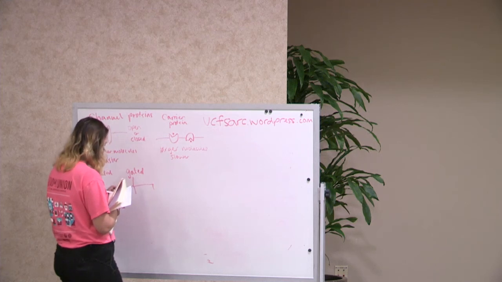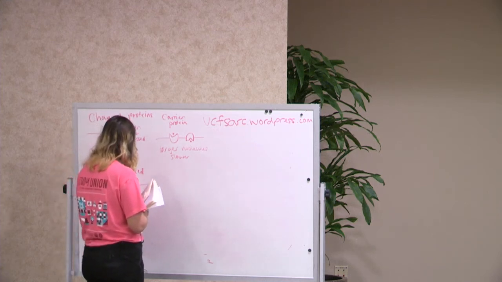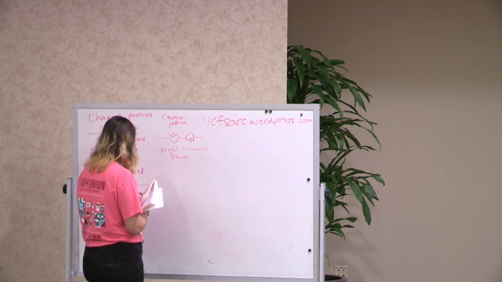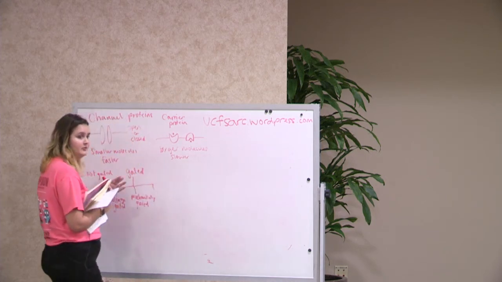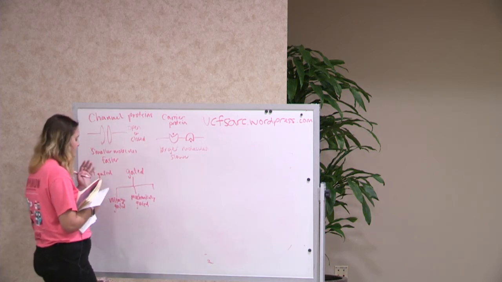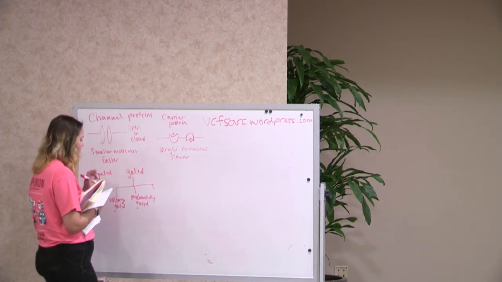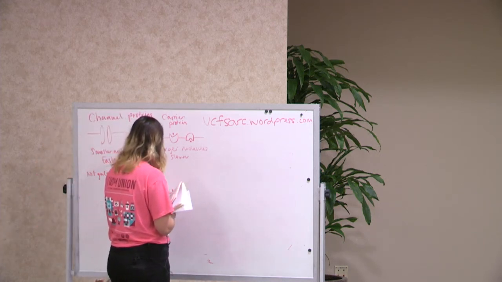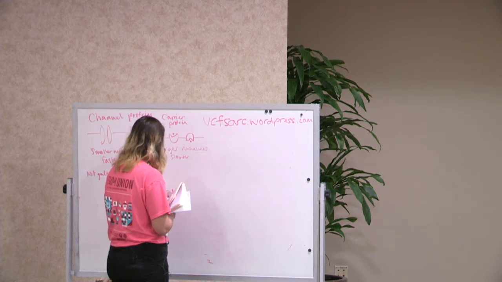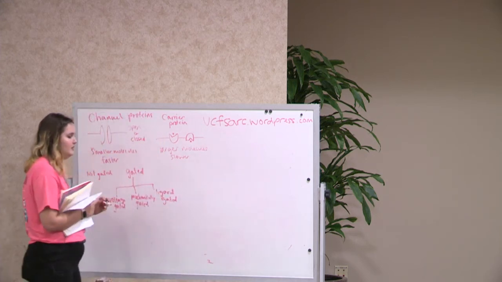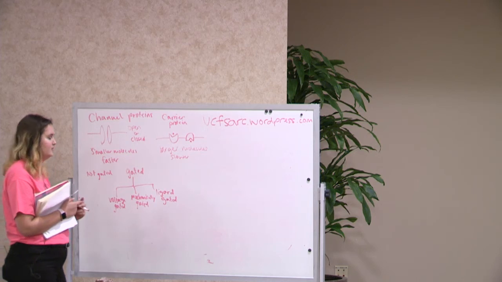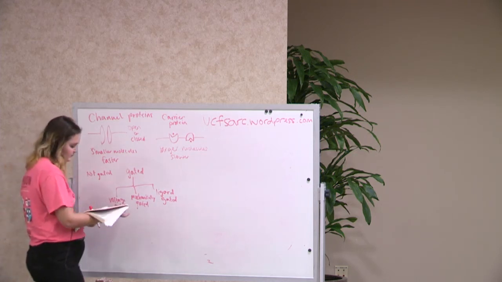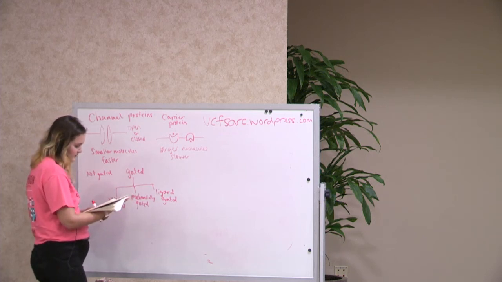You have mechanically gated, which we've talked about with hearing, with those stereocilia. Those gates were mechanically gated. The movement of the stereocilia opened the gated channel. And then you have ligand gated, which basically needs a neurotransmitter to bind. Once a neurotransmitter binds, it will allow ions to come in. Okie dokie.